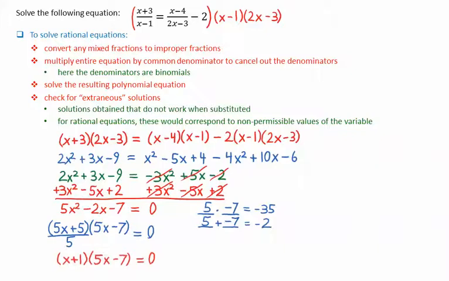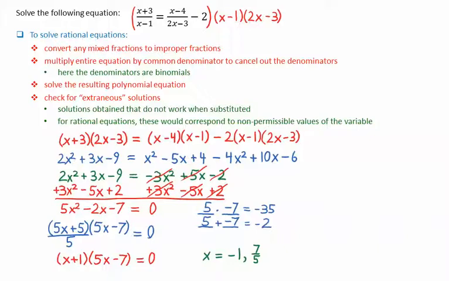We then get our factors of x plus 1, which corresponds to the 5x plus 5, all divided by 5, and 5x minus 7 equals 0. These then correspond to the solutions of negative 1 for x plus 1 equals 0, and 7 over 5 for 5x minus 7 equals 0.